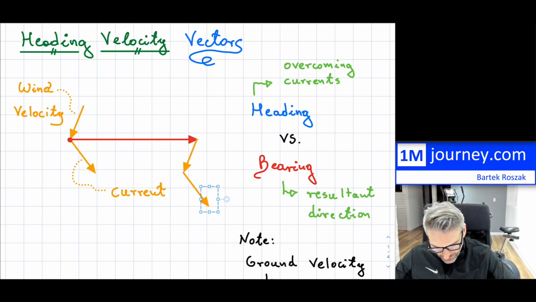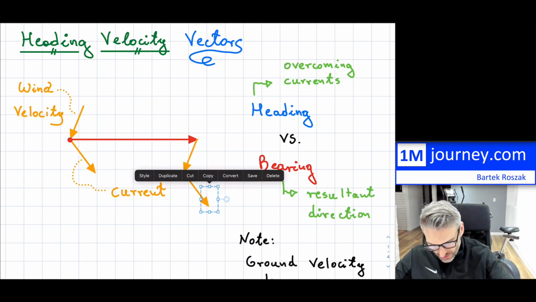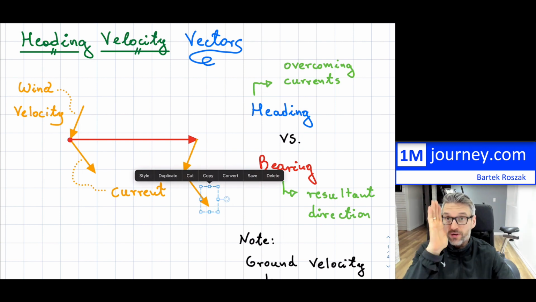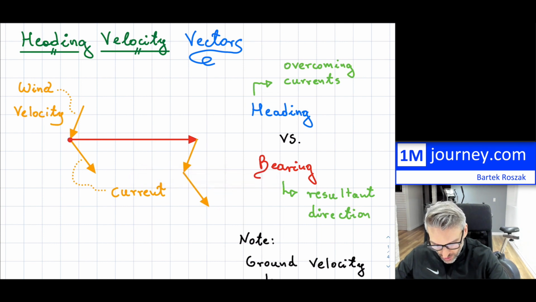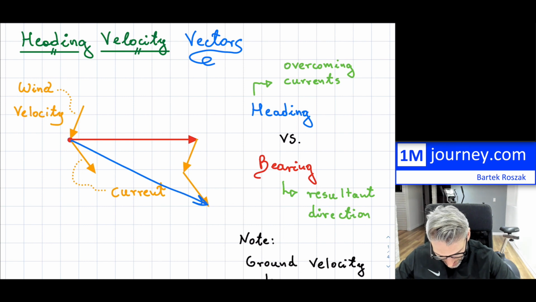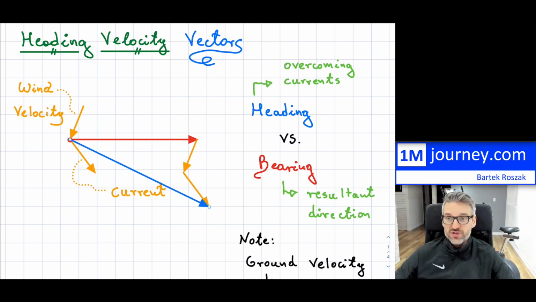So if you were just thinking, this is where I want to go, you're going to run into this problem that you're going to be heading in this direction right there, because you're going to be offset by the wind and then the current, which is pushing you away from where you want to go.